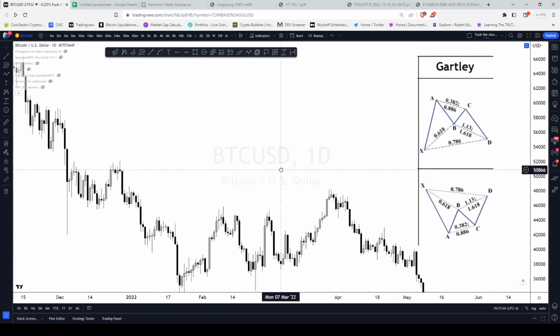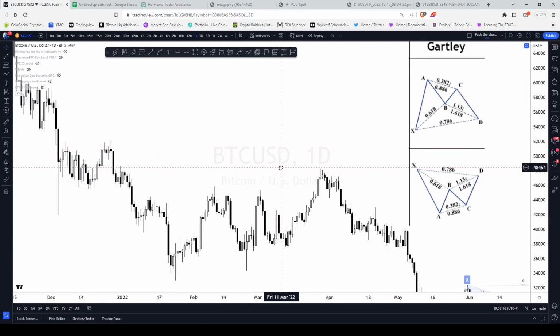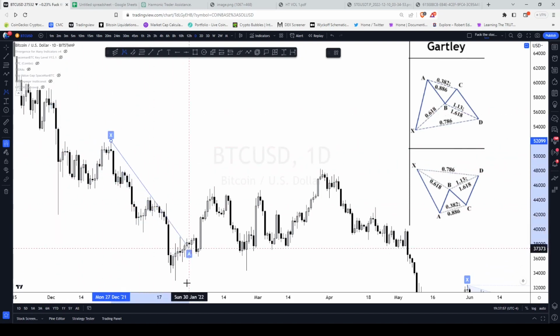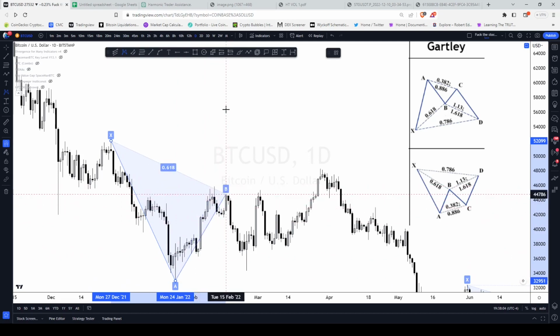We'll cover that in the next video, but for now, I just want to show you how these ratios are formed. So just starting like you would the bat pattern, you go from swing high over here, this is the highest point on this area, to swing low. And then you go up to your B point. So your B point here, it should be in the middle, right? But since this is more macro, sometimes you can use the bodies of the candles and it'll be fine. But typically you always want to use your wicks.